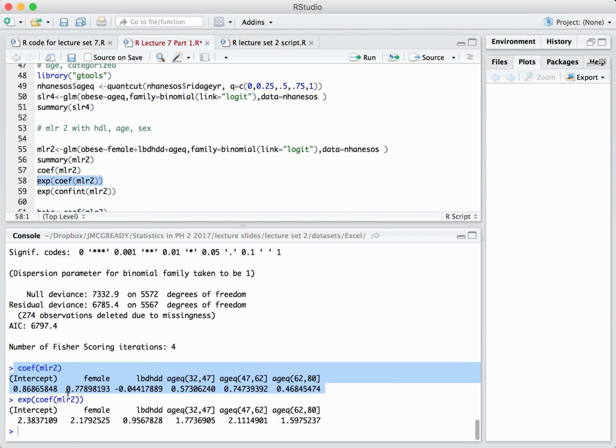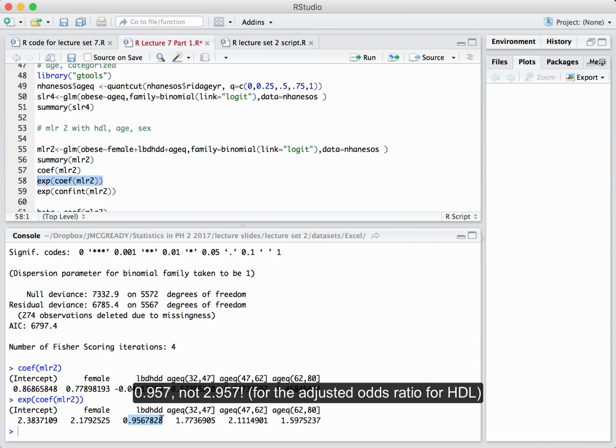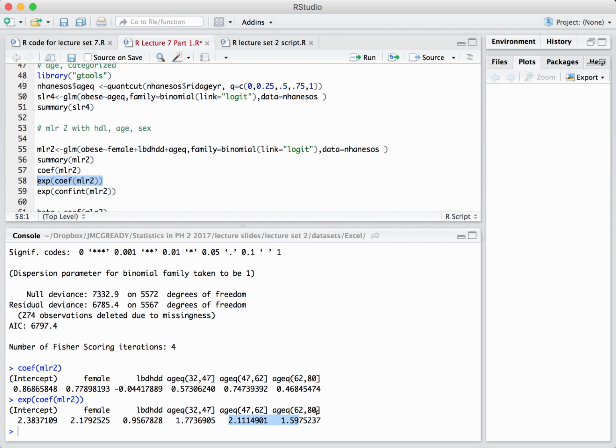If we do that, we get our starting odds for this model of 2.38, and then the adjusted odds ratio for sex, 2.18, that I rounded to 2.18 in the lecture, the adjusted odds ratio for HDL of 0.957, and the adjusted odds ratios for each of the age quartiles as well.